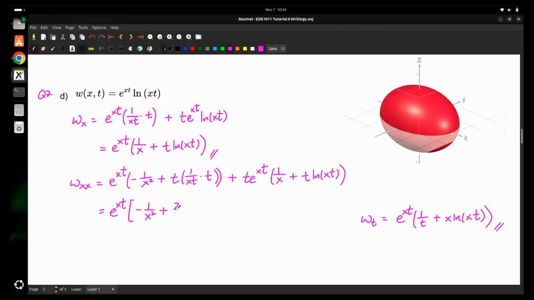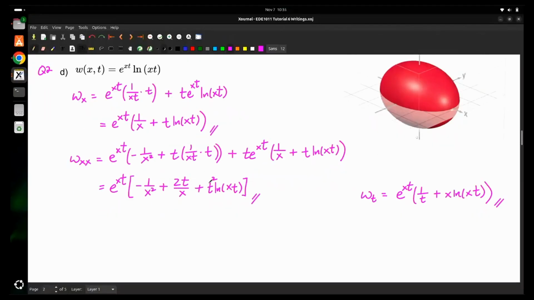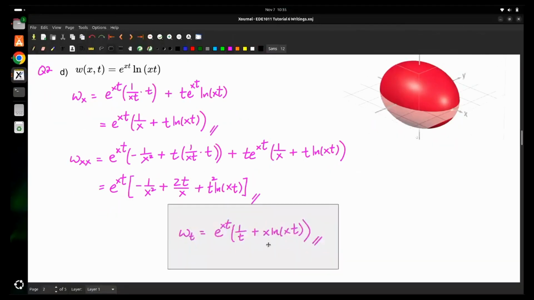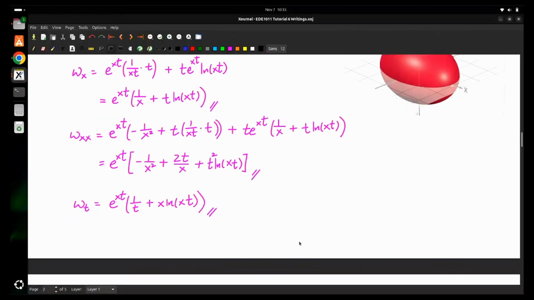So it seems to be giving me 2t over x. Then after that, you have your final term, which is t ln xt. Oh, sorry, t squared, because I multiply the t in. Did I miss out anything? Correct? Okay, then w sub tt. So w sub tt.